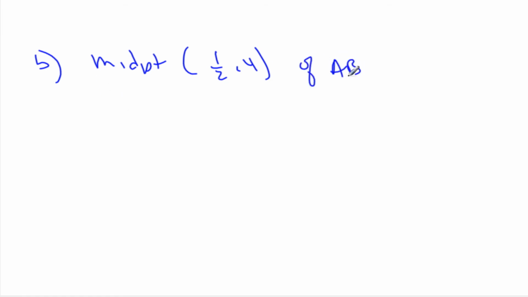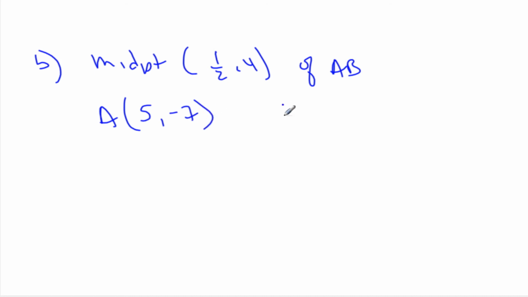Right, do we have a trickier one? We do. We have a scenario now that says the midpoint of AB is a certain coordinate, and it is (1/2, 4). One of the endpoints, A, is (5, -7).